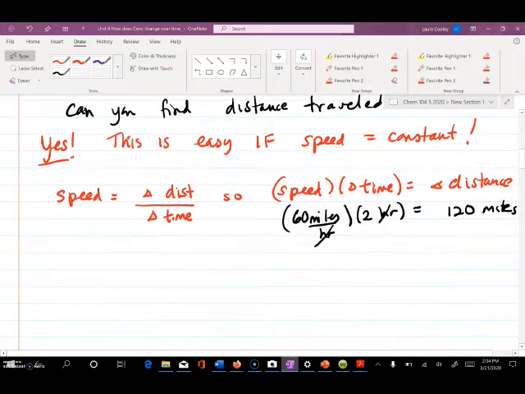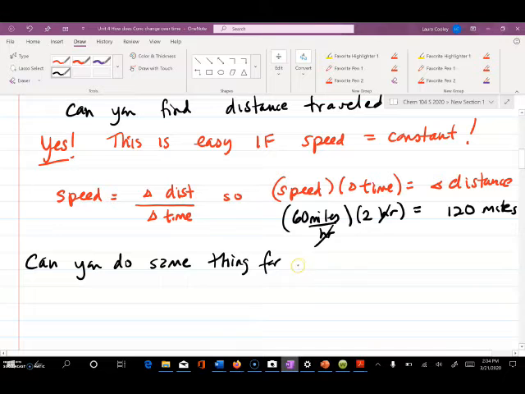Okay, so can you do the same thing, or a similar thing, for reaction rates?